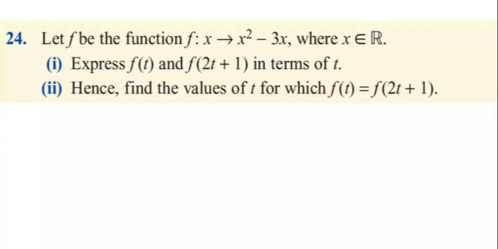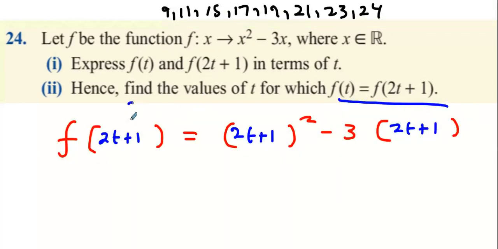This one. Simply, f of t is t squared minus 3t. Did everybody get that one? Just replace the x's with t's. And this one's slightly different.